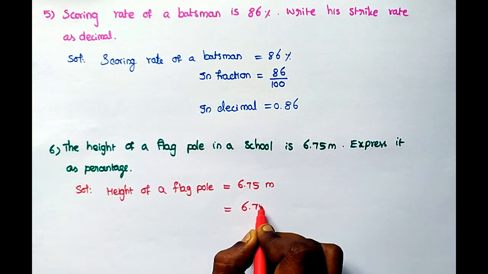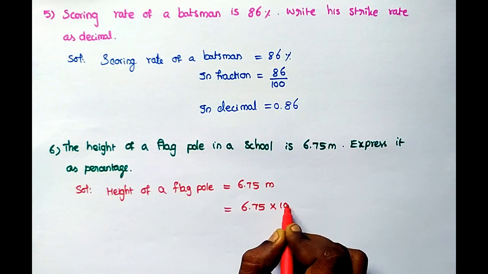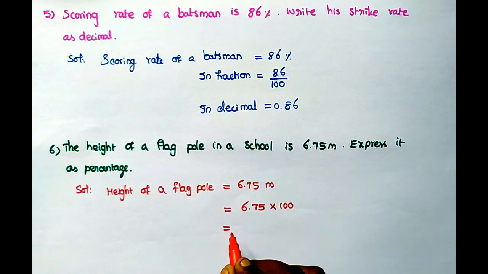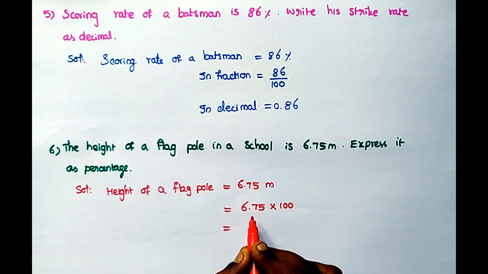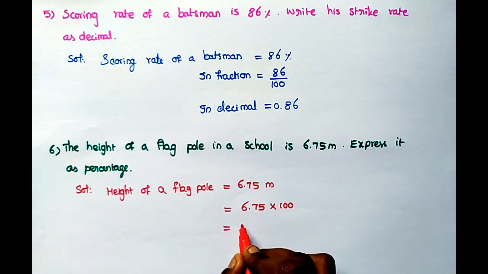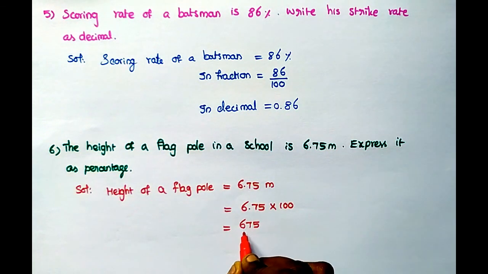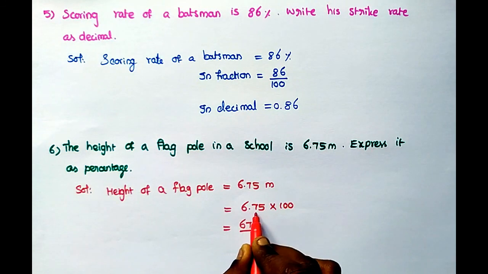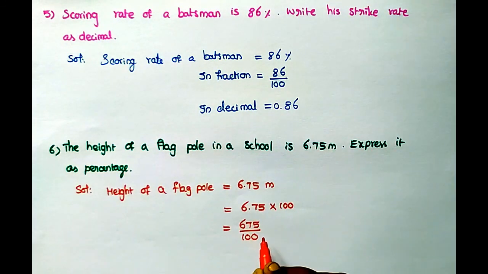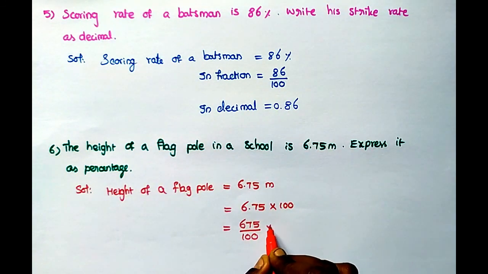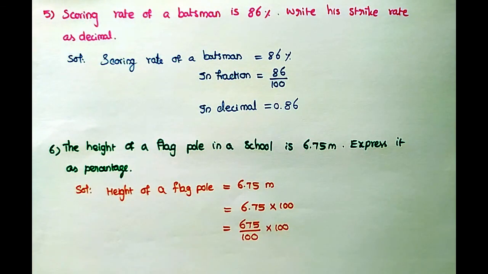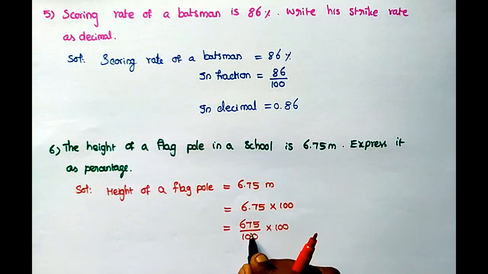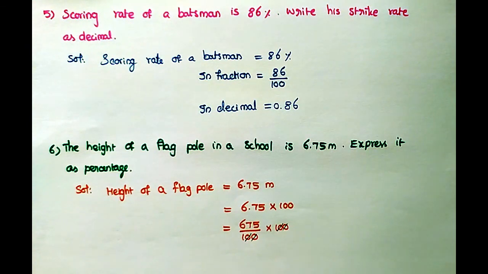So 6.75 into 100. Here it is in decimal, so convert into fraction means 675 divided by, after the decimal point 2 digits is there, so put 100, and already into 100 is there. So 2 zeros get cancelled.